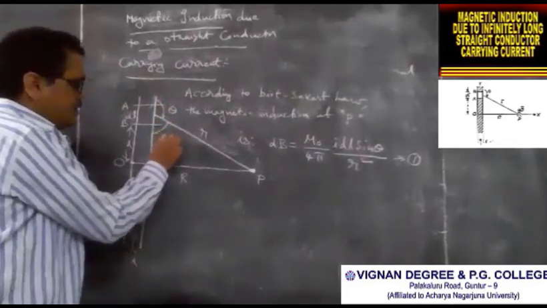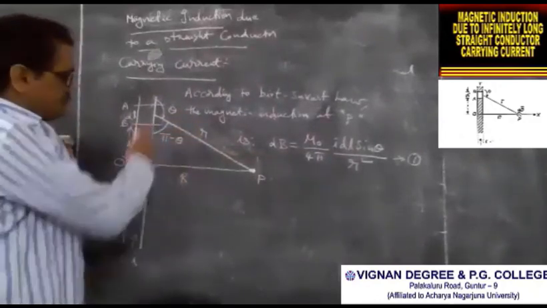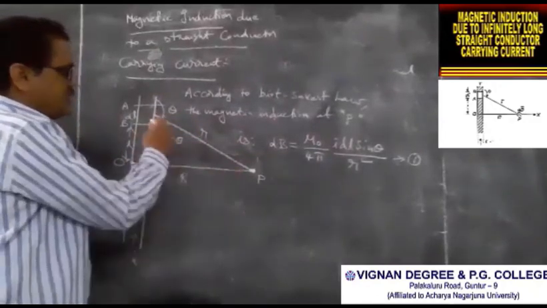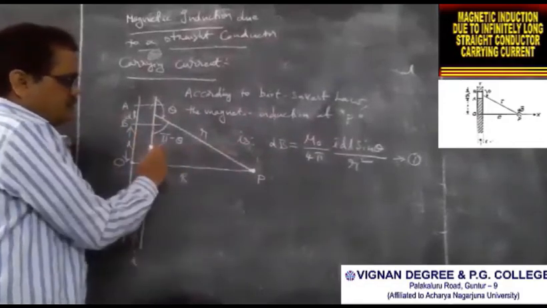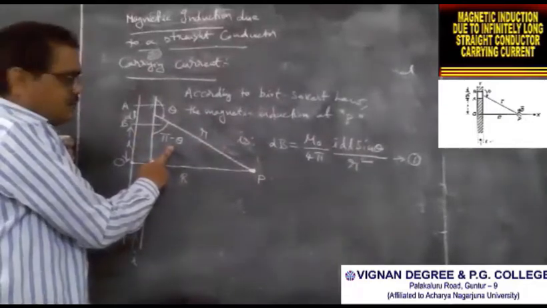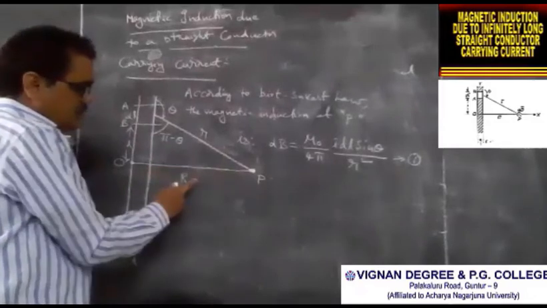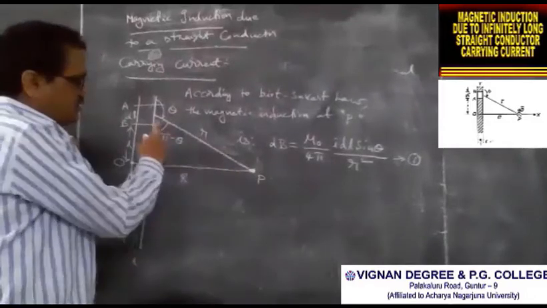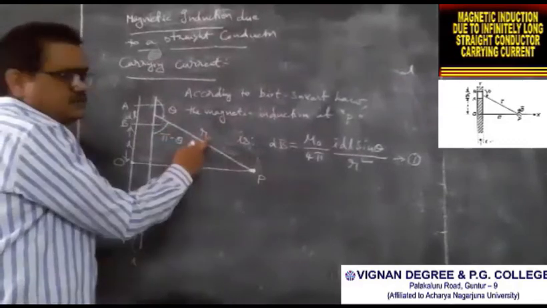This angle will be pi minus theta. From this right angle triangle, sin pi minus theta is equal to opposite side. Here opposite side is R, hypotenuse is r. This is capital letter, this one is small letter.